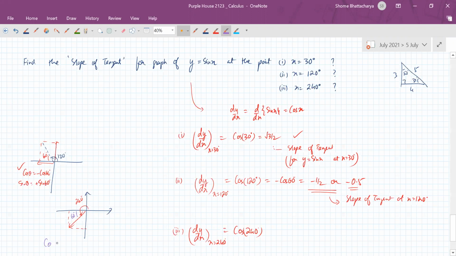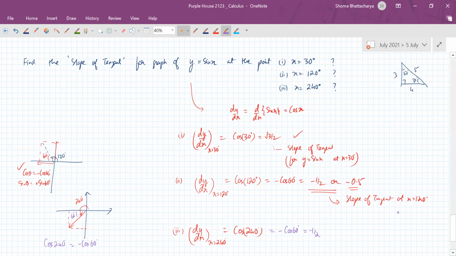So cos 240 should also be minus cos 60. Minus half, sir. So this should also be minus. Okay. Sir, I have done the other way, 270 minus 30. Then it will become minus sine 30. Yes, sir. Because 90 to 70. Yeah, you interchange sine and cos.